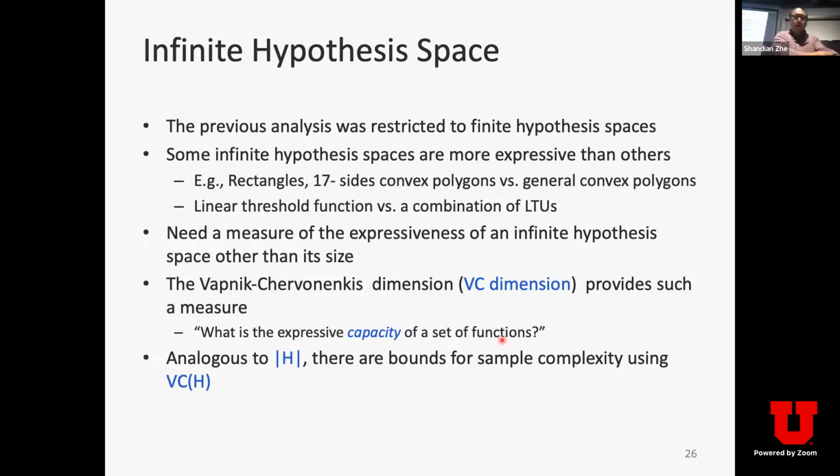There could be many different measurements, so we're going to focus on the so-called VC dimension, the Vapnik-Chervonenkis dimension. You can view it as a counterpart to the size of H. But the VC dimension is finite for many, many infinite hypothesis spaces.